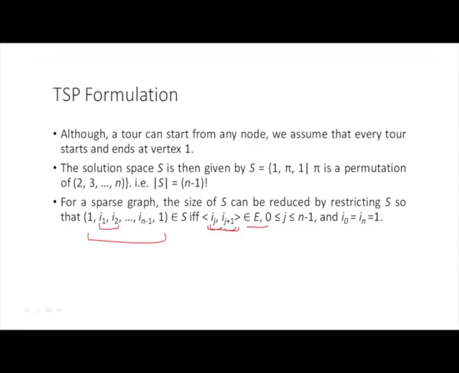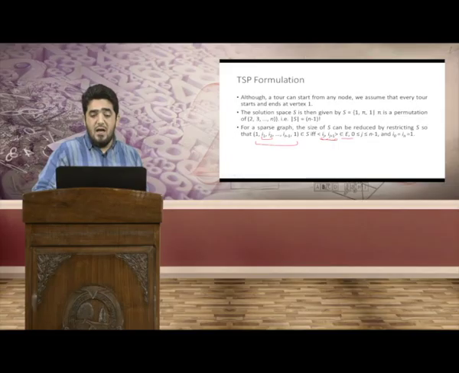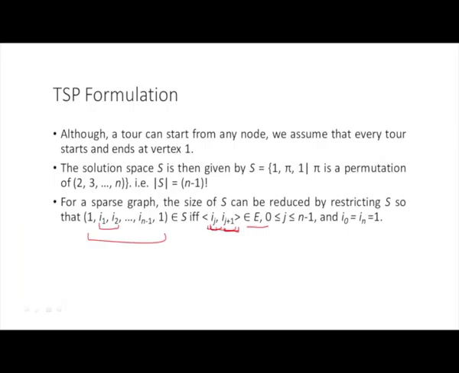So if there does not exist an edge between i of j and i of j plus 1 in the actual graph, then that particular pair of consecutive nodes cannot appear in a solution. That way we will obviously reduce the solution space from (n minus 1) factorial if we have a sparse graph.